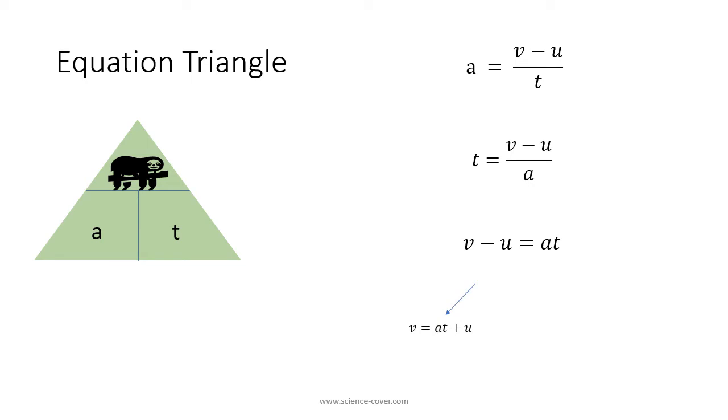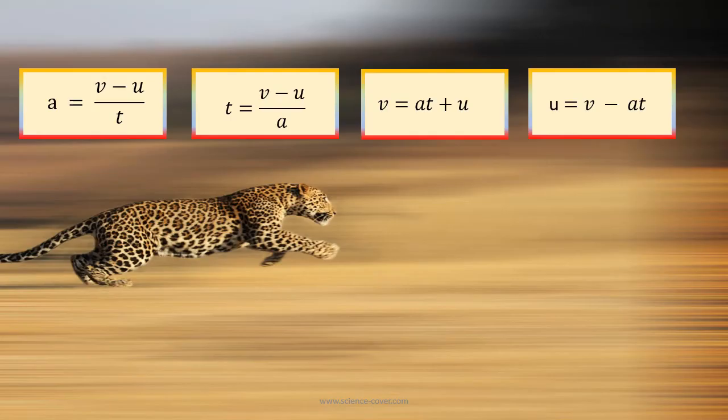We can rearrange it to find v, in which case v equals at plus u, or we can rearrange it to find u, in which case u equals v minus at. So that gives us four ways that we can arrange this equation.